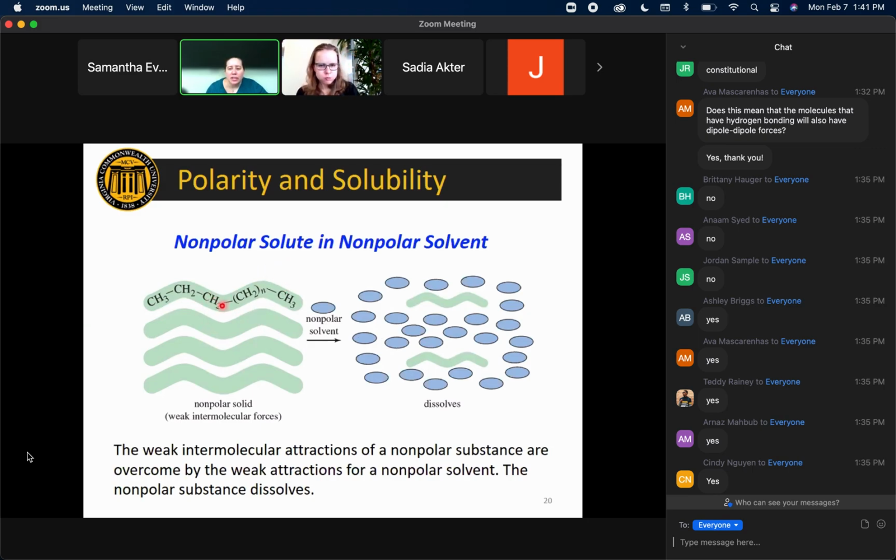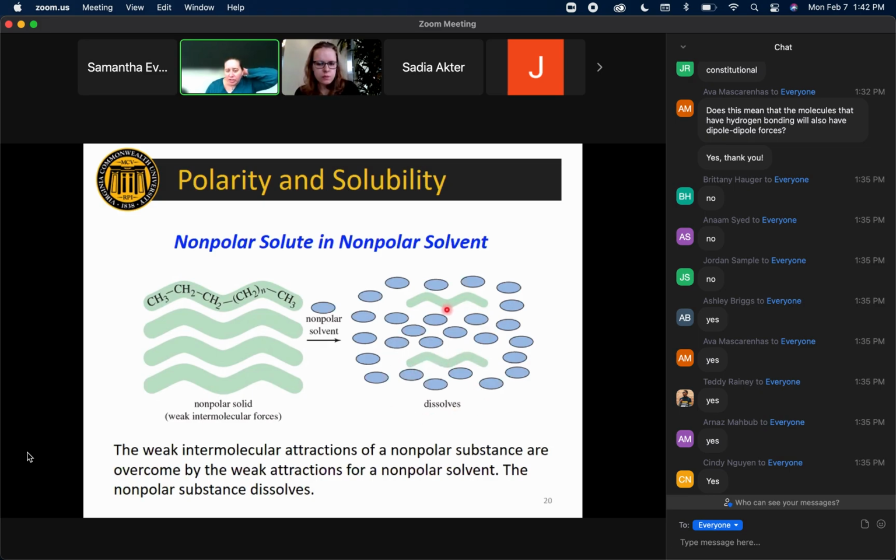There's no strongly dictating factor about where a dipole should be in this molecule. So a non-polar solvent can help to dissolve a non-polar solute because it can surround each of the molecules and participate in the van der Waals interactions with it.